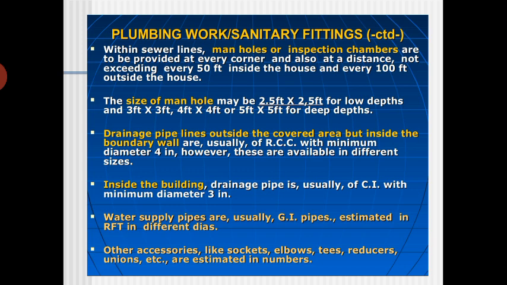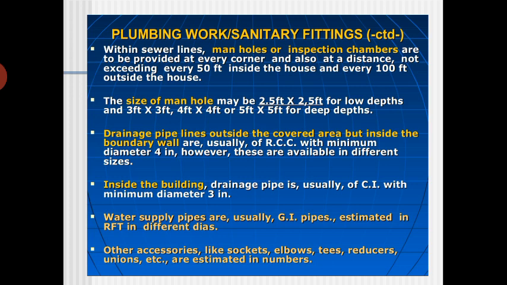Concrete pipes. Water supply pipes are usually galvanized iron pipes, estimated in running length. Other accessories like sockets, elbows, tees, reducers, unions are estimated in numbers. How many numbers? Of course, it depends on the quality of the material you have used.